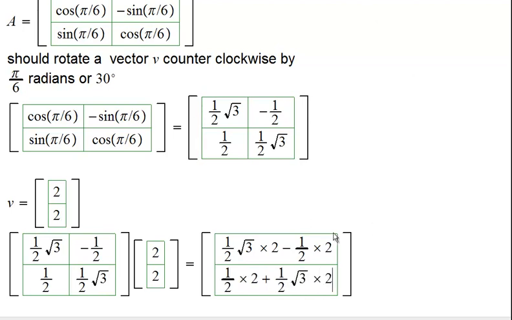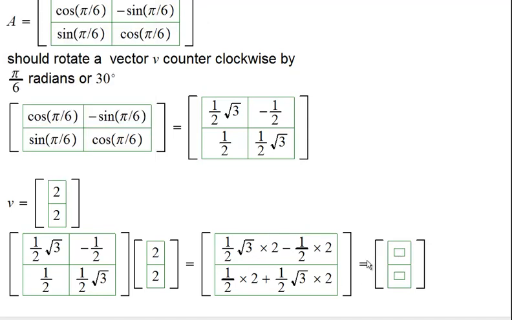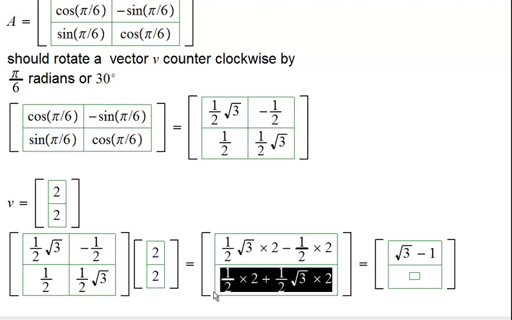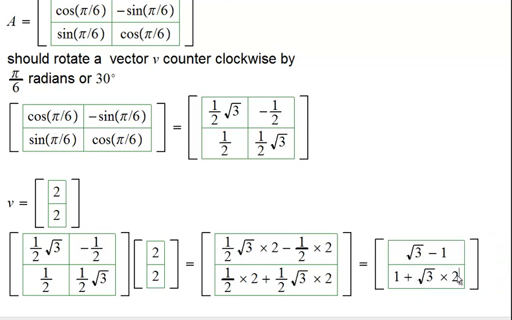Okay, so the 2's here will cancel, and the 2's here cancel as well. This will become 1, and that's going to become square root of 3.